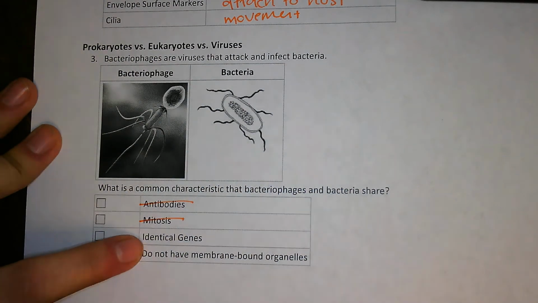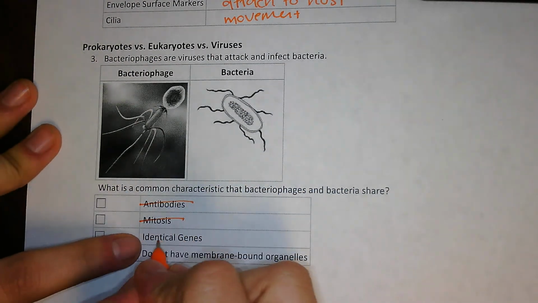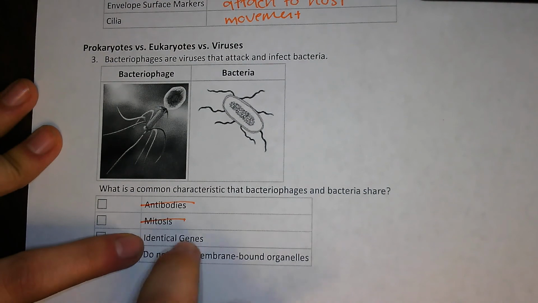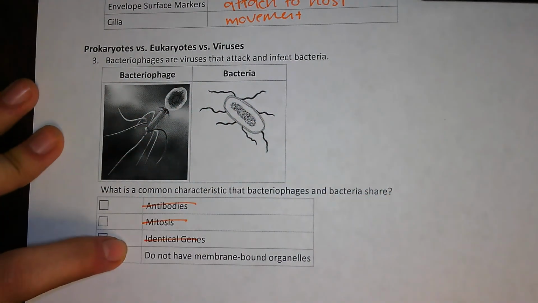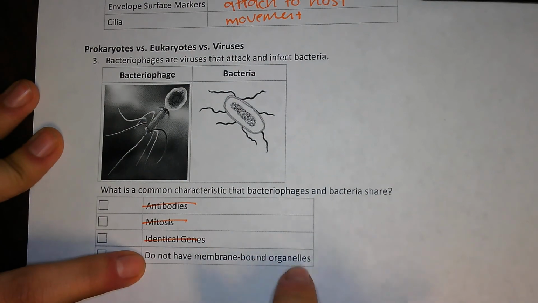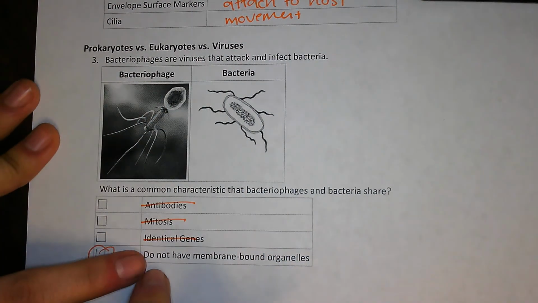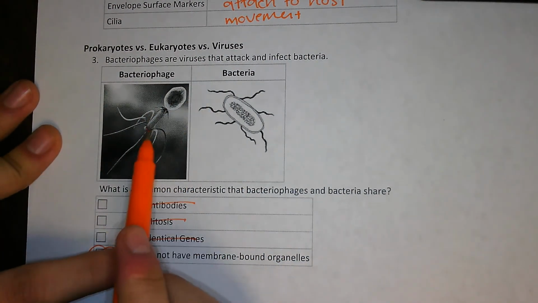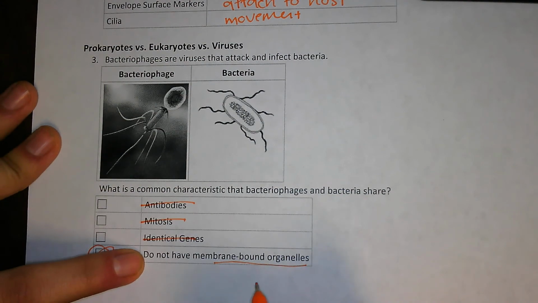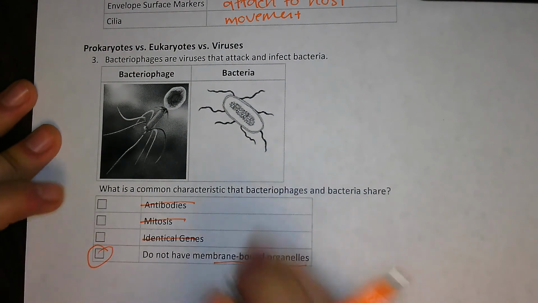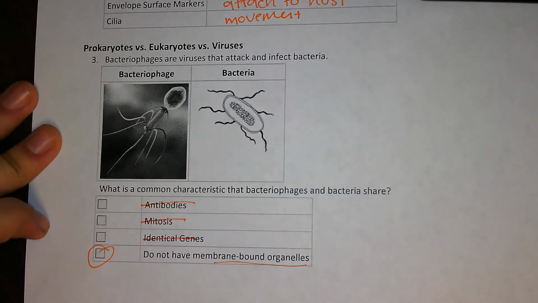Identical genes. If anything in life has identical genes, they will look exactly the same. These do not look the same at all, so it is not identical genes. Do not have membrane-bound organelles. This is my right answer, the only one that's left. Neither viruses nor bacteria have membrane-bound organelles like ribosomes, nucleus, Golgi apparatus. Neither of these have this.